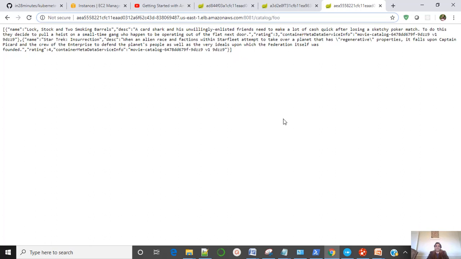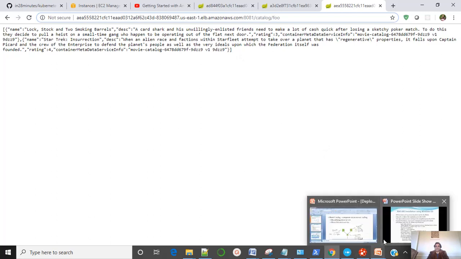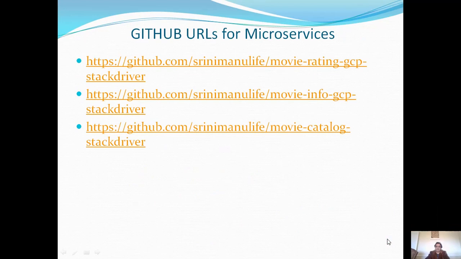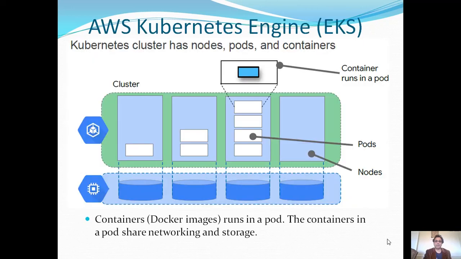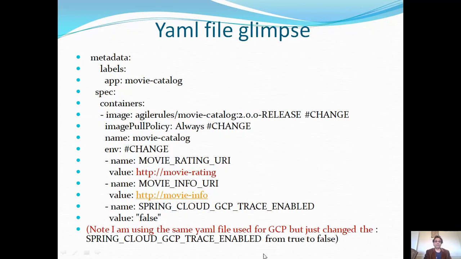The only thing is, to make this work, I need to take the YAML file and change a couple of things. One is the GitHub; I just kept the same GitHub because all you have to do is change this. I'll show you. This value, GCP trace enable, should be turned from true to false. Then the same code will work.